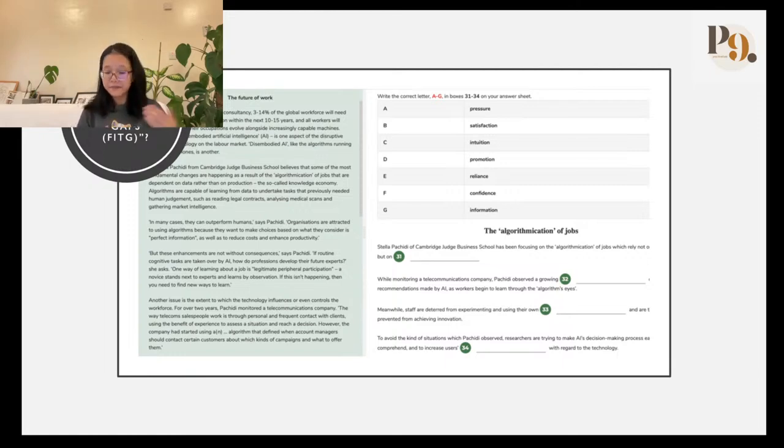All right, now you know what fill in the gaps looks like, and we will go back to one of the comments previously.